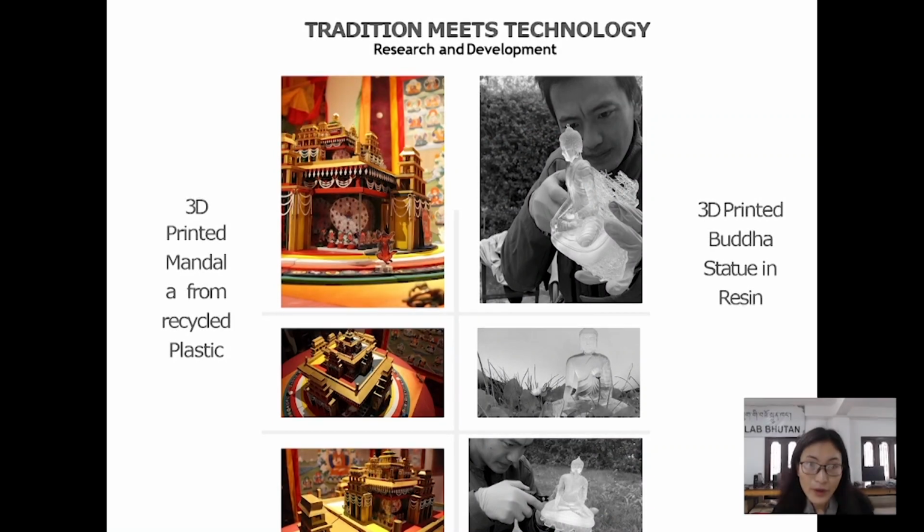Parallelly, we are also working on Fab 17 for this year, and we have kept the theme as tradition meets technology. This is the 3D printed mandala, which is going to be one of the main exhibitions for Fab 17, and it's going to be 5 feet 4 inches tall.